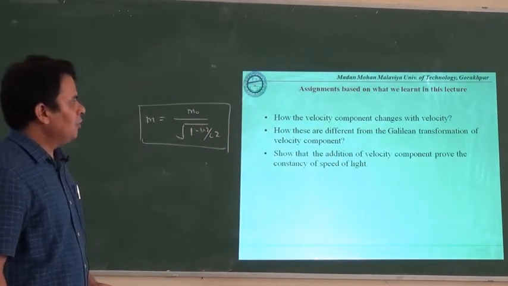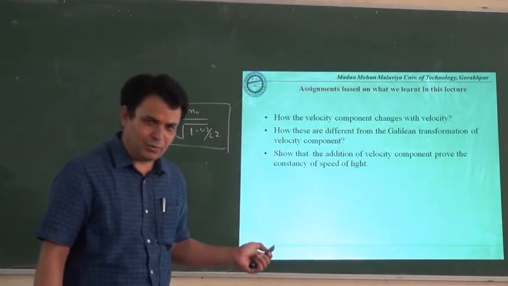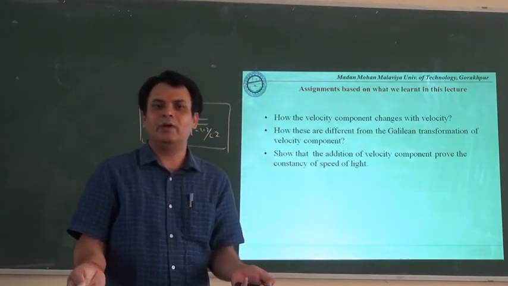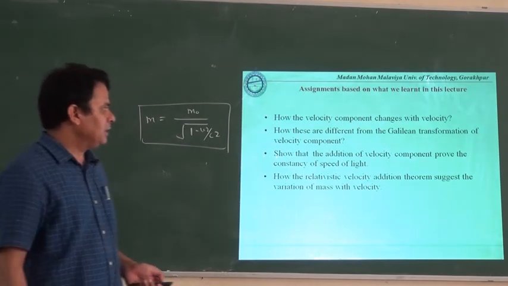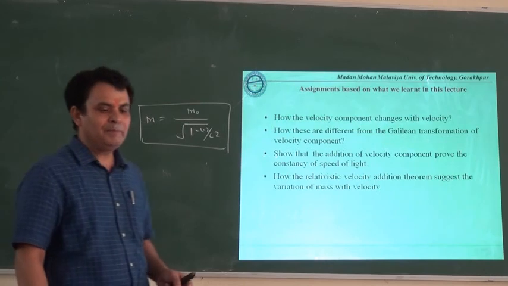Here, show the addition of velocity components and prove the constancy of the speed of light. Already I have proved it, that if ux dash is equal to c, then what will be the value of ux, that we have already discussed. How the relativistic velocity addition theorem suggests the variation of mass with velocity.